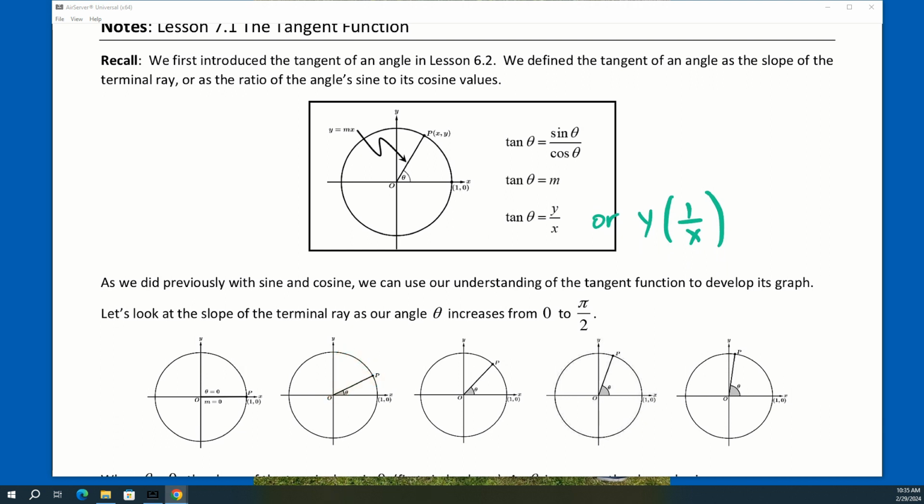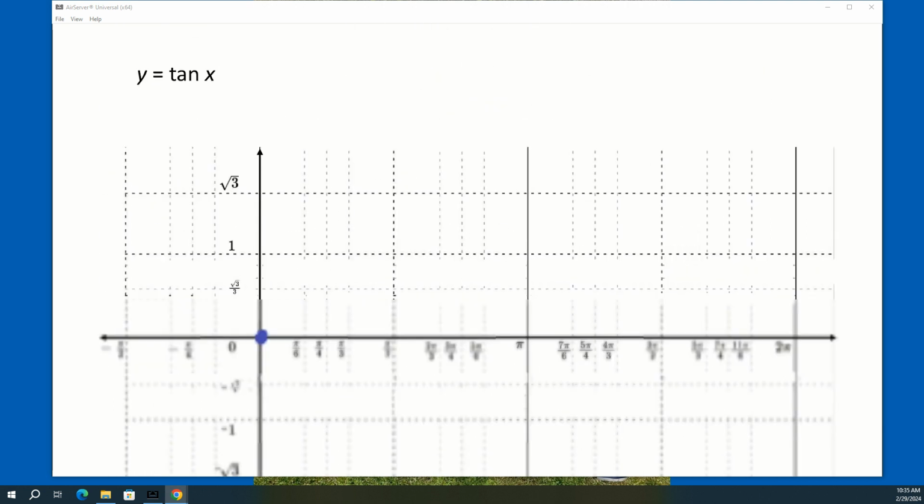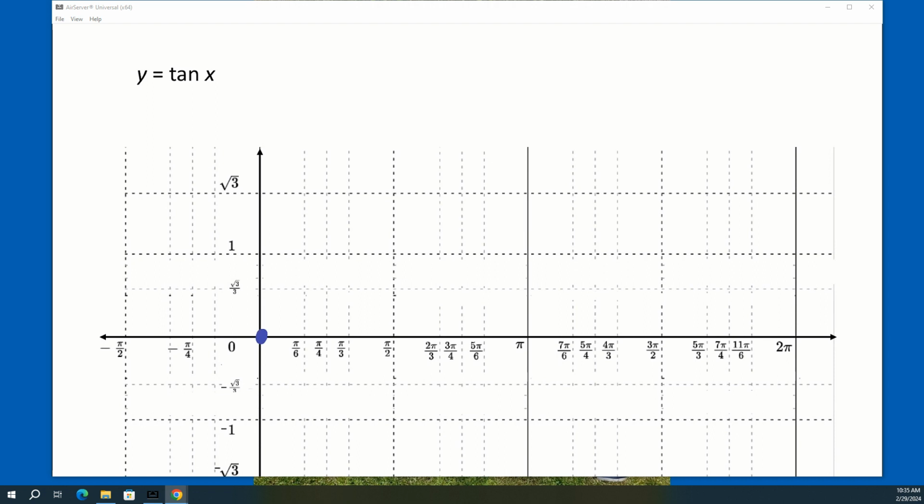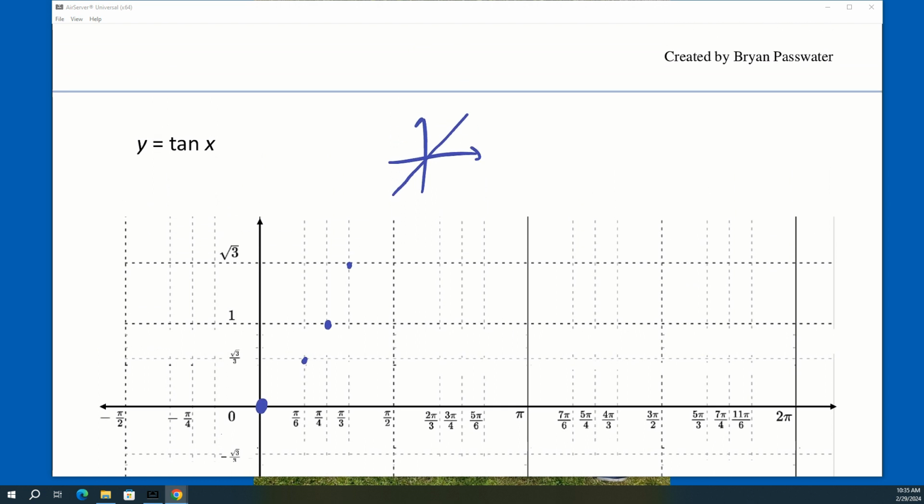So the tangent of pi over 4, like a 45-degree angle: what would the slope of that line be if you drew one at a 45-degree angle? 1. So pi over 4 is 1. This is going to be here, this is going to be here, and then it's just going to get steeper and steeper as we go up.